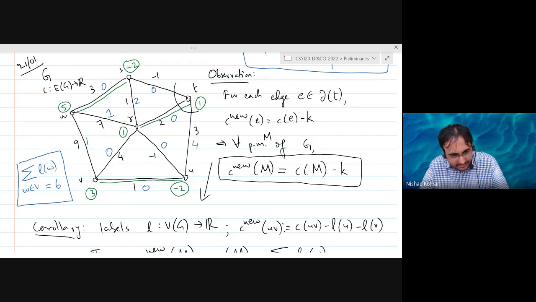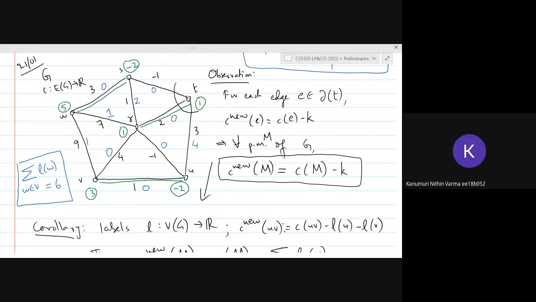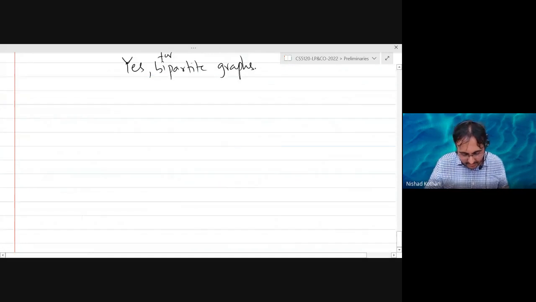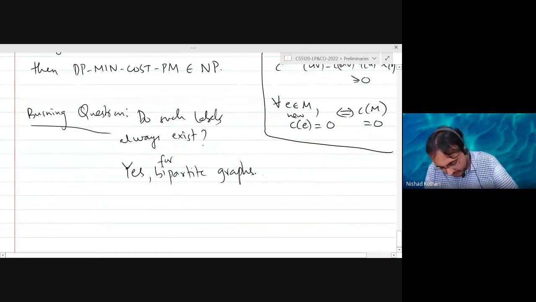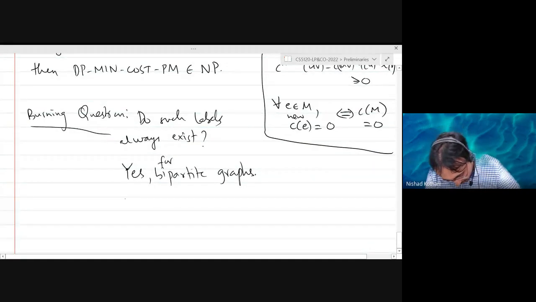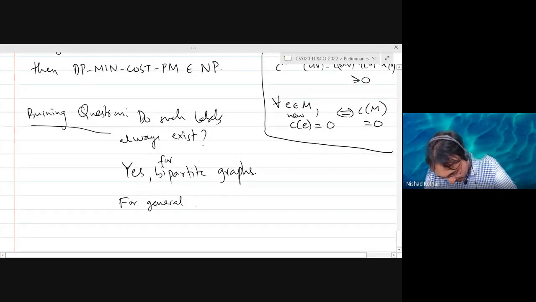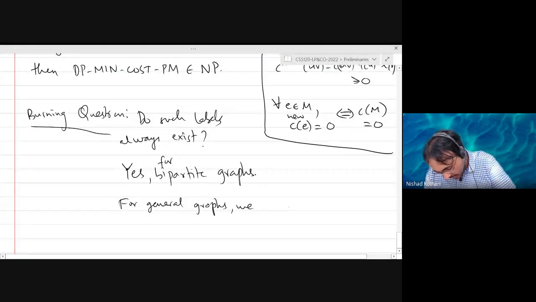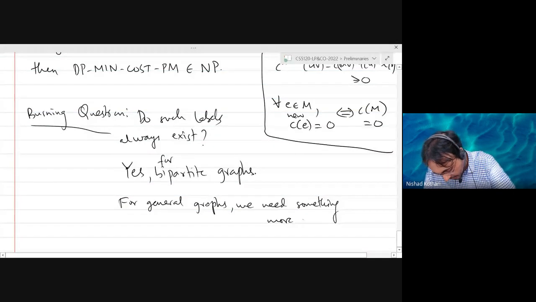Does it answer your question? Yes. Okay. So for bipartite graphs, they always exist. For general, when I say general, I really mean non-bipartite. For general graphs, we need something more sophisticated.